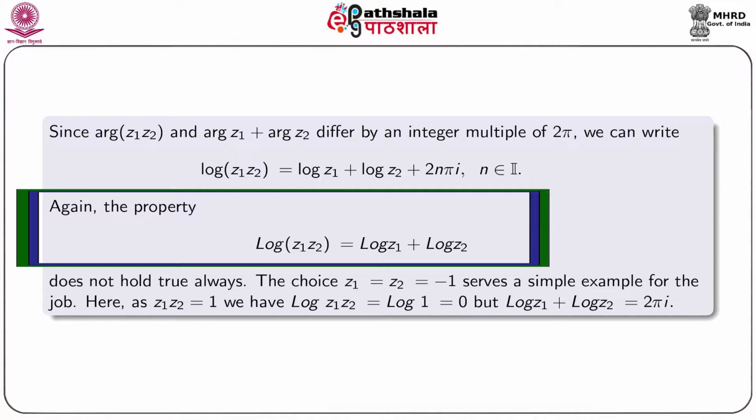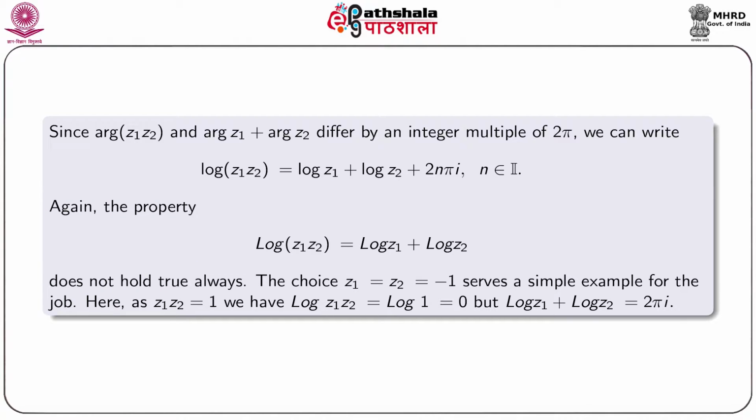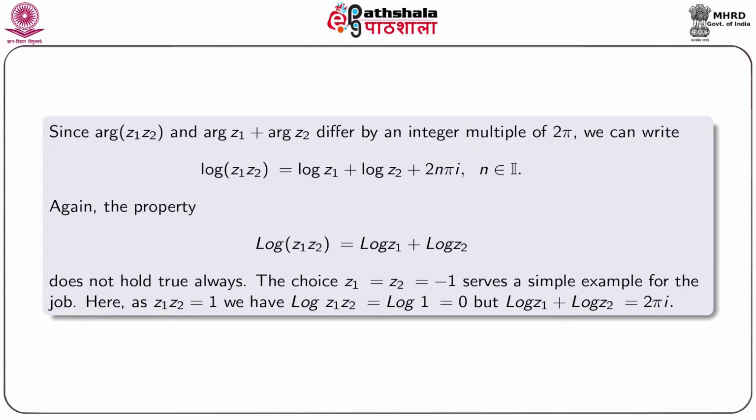Again, the property capital Log(z1 z2) = capital Log z1 + capital Log z2 does not hold true always, because the choice z1 = -1, z2 = -1 serves as a simple example for this.